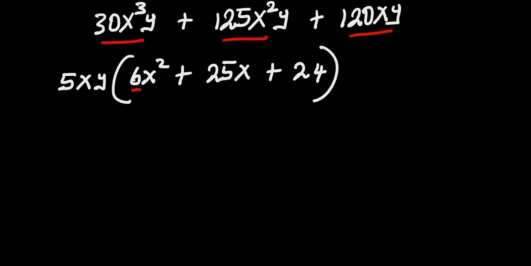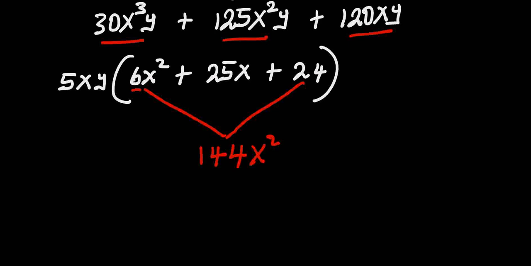Therefore, we are going to multiply this term by 24, and 6x squared times plus 24 is going to give us 144x squared.